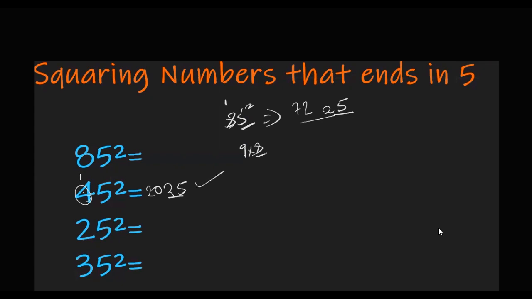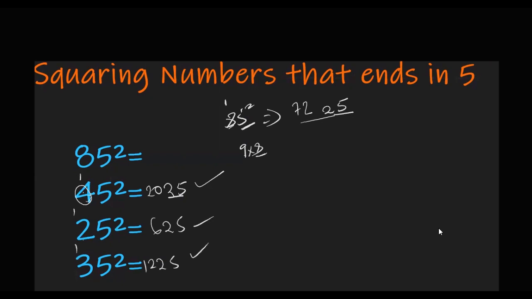If you get 25, it's the same. So you first write 25 at the end, and then you add 1, which gives you 3, and then you multiply that 3 by 2 and it gives you 6. How about 35 squared? You first write 25, and then you add 1 here. This one gives you 4. 4 by 3 gives you 12.